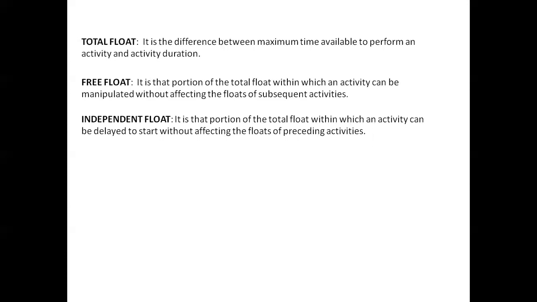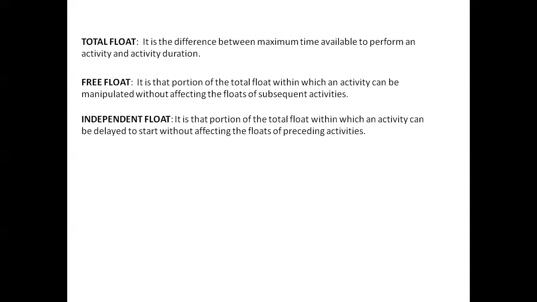But suppose it starts at the 20th minute instead of the 15th, then also there will not be any effect on the floats of the previous activities. It will not consume the floats of the previous activity, but it has its own float by taking which it can start with a delay. That portion of total float is called the independent float.